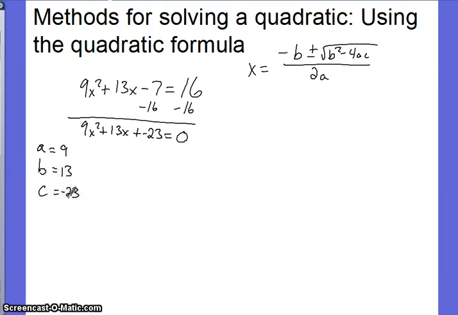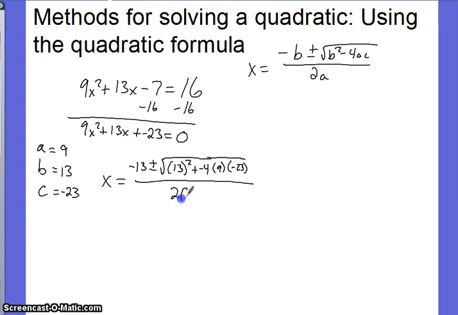So now I plug it in. The opposite of B, so -13, plus or minus the square root of 13 squared plus a -4 times A, which is 9, times C, which is -23, all over 2 times 9. So I get -13 plus or minus square root of 13 squared is 169 plus a -36 times a -23.